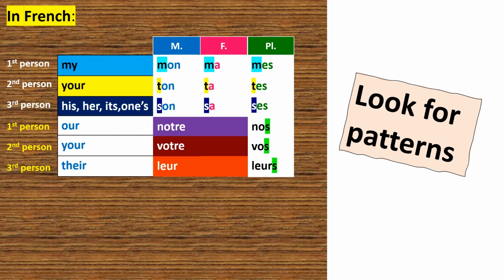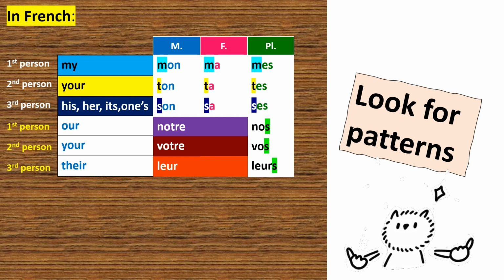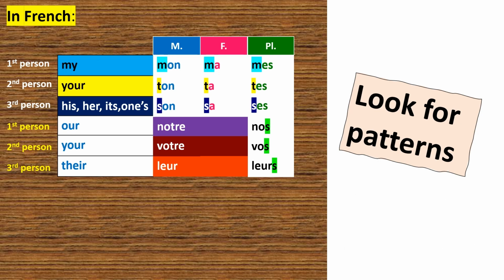We also have in the masculine one sound repeated in the first three persons, which is the sound on, mon, ton, son. And in the feminine, ma, ta, sa. And then in plural, we've got the sound e, mes, tes, ses. Also note that for our, your, and their, we have the same form for the masculine and the feminine.